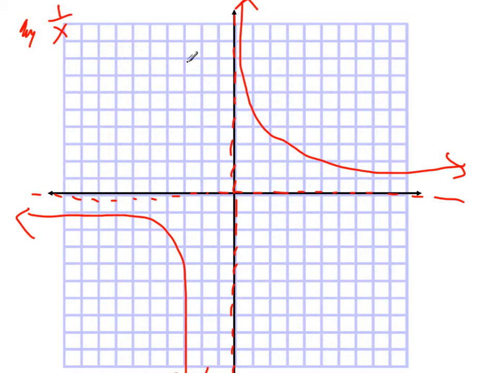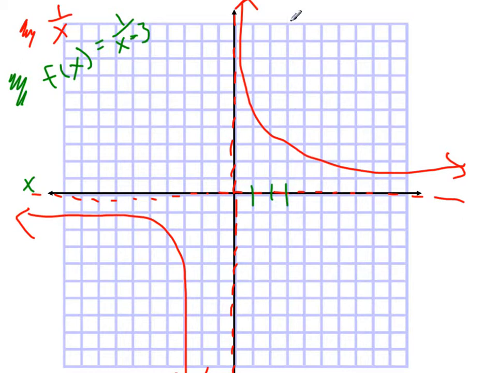Okay, so if I want to draw f, which is our first function, 1 over x minus 3, that minus 3 has caused a horizontal shift, so it's affecting the x axis, to the right 3. So we go 1, 2, 3 units to the right from the parent function, which is in the red.